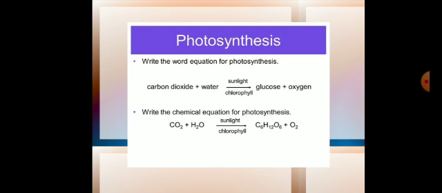CO2 stands for carbon dioxide, water stands for H2O, and the chemical formula of glucose is C6H12O6, plus oxygen means O2. So in this slide I am showing you the word equation and chemical equation for photosynthesis. Learn this equation, it is very important.